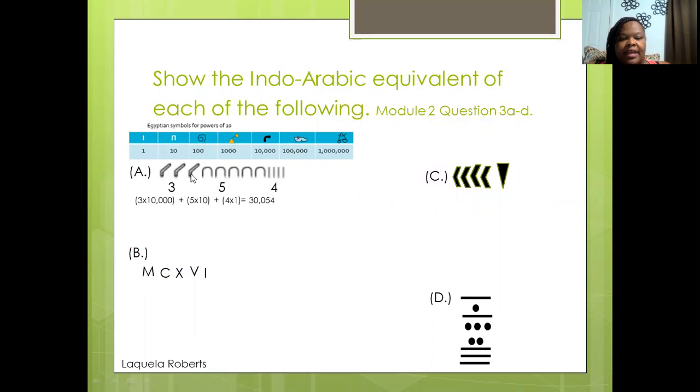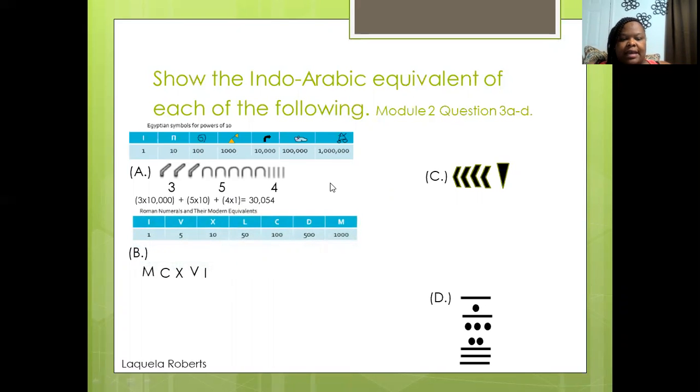How we find that is we look for 3 times 10,000, because there's 3 of those. So you go find this symbol, and it gives you that. And then you're going to add plus 5 times 10. So there's 5 of those, and they're equal to 10 plus 4 times 1. And so our total would be 30,054.